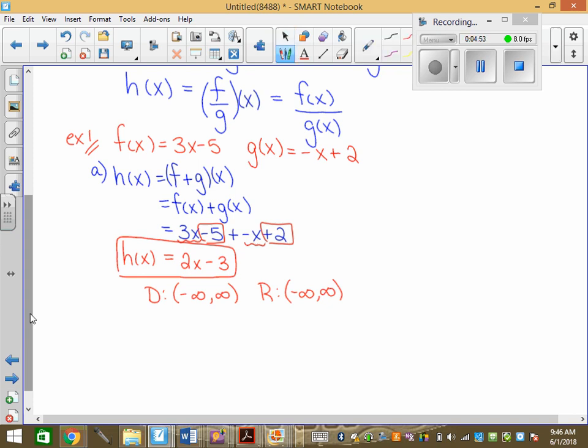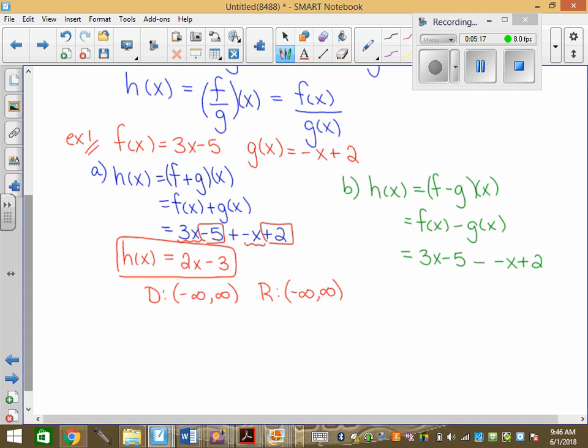Then we have subtraction. h of x equals f minus g of x, which is just the same as f of x minus g of x. So it equals 3x minus 5 minus negative x plus 2.